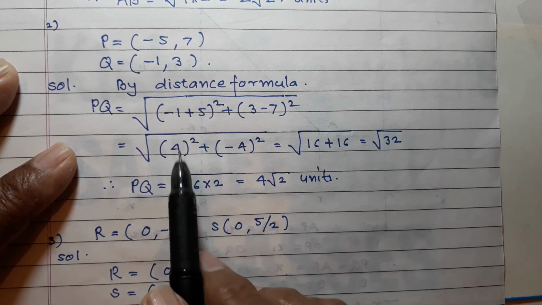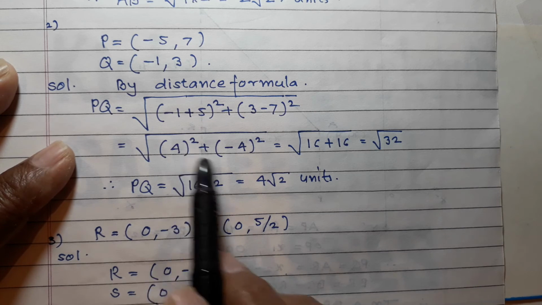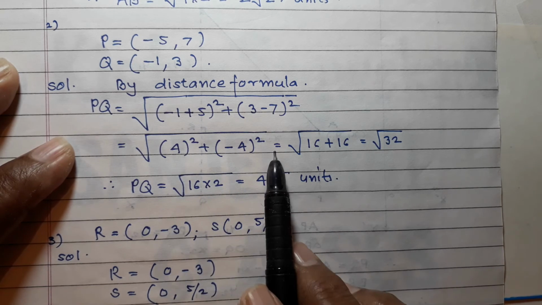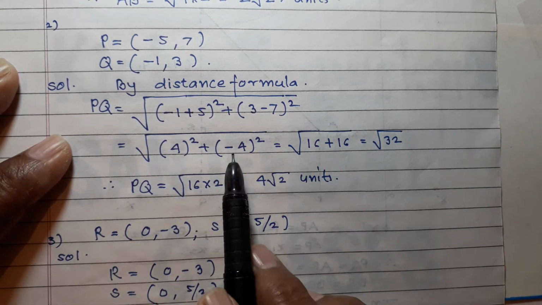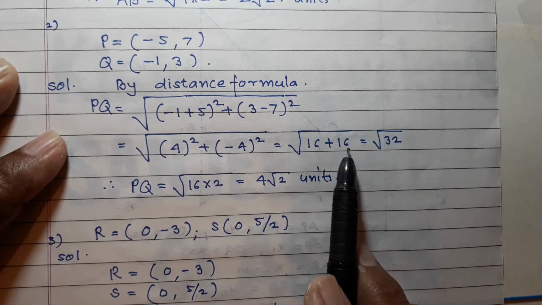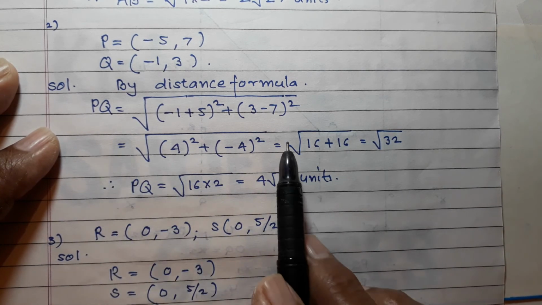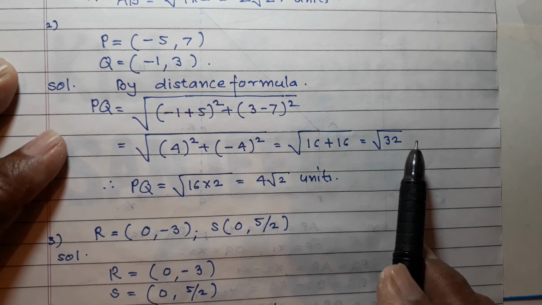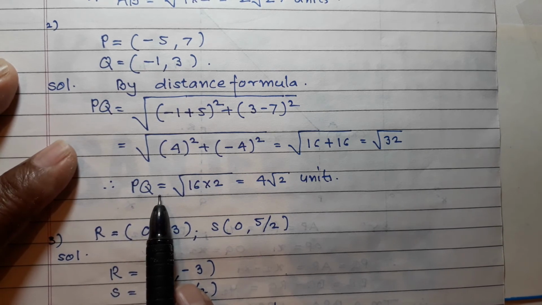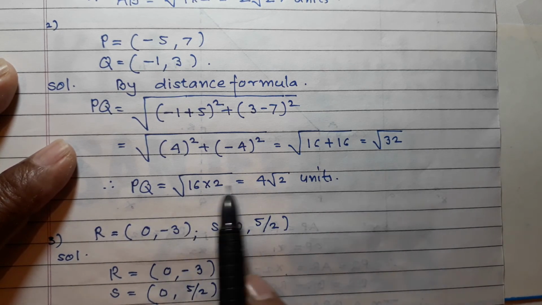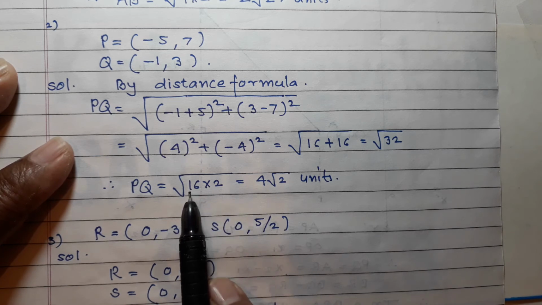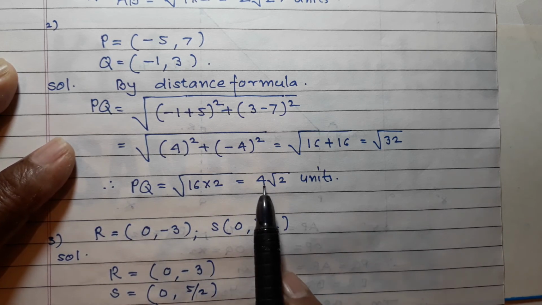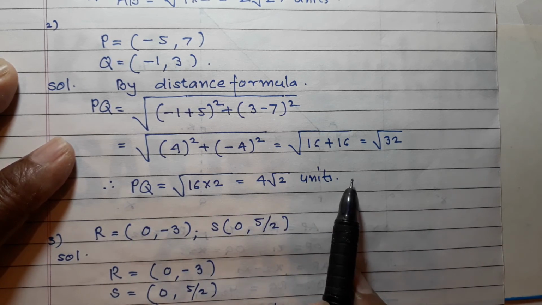So minus 1 plus 5 is equal to 4 square plus this is minus 4 square. Then simplify. 4 square is equal to 16, minus 4 square is equal to 16. So PQ is equal to under root 16 plus 16, that is under root 32, and therefore PQ is equal to, 32 means 16 into 2. 16 is square of 4, so take 4 outside, and therefore PQ is equal to 4 root 2 units.